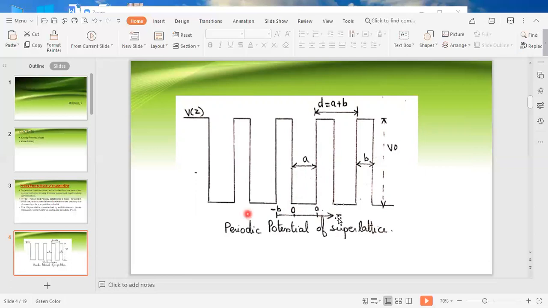Another thing is we are keeping the superlattice along the z-axis, right?